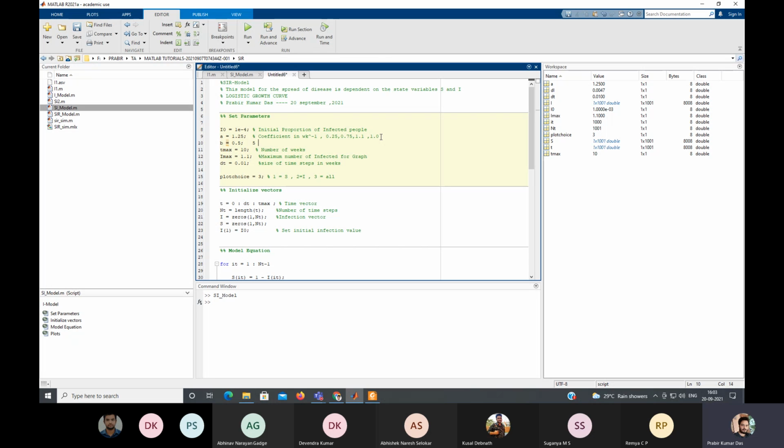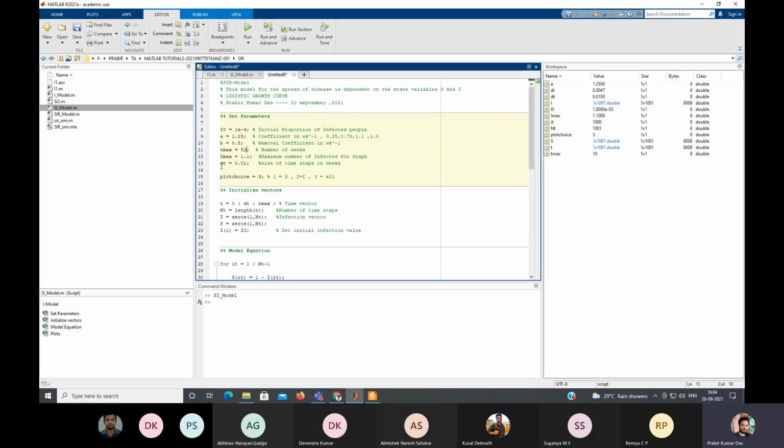What do we call our B value? It should be the removal coefficient, week to the power -1. Then Tmax, we will plot it throughout the year, so 52 weeks. What should be our Imax?